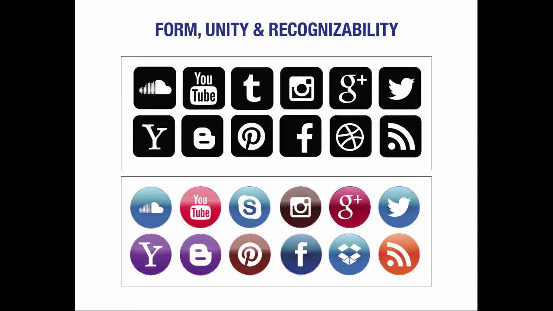The icons in the top set are 2D, black and white, and square with rounded corners. The bottom set uses color to make a connection between the icon and the network they represent. The icons are round and have more depth because of the effect used by the designer to make them less flat. That said, they also have things in common.